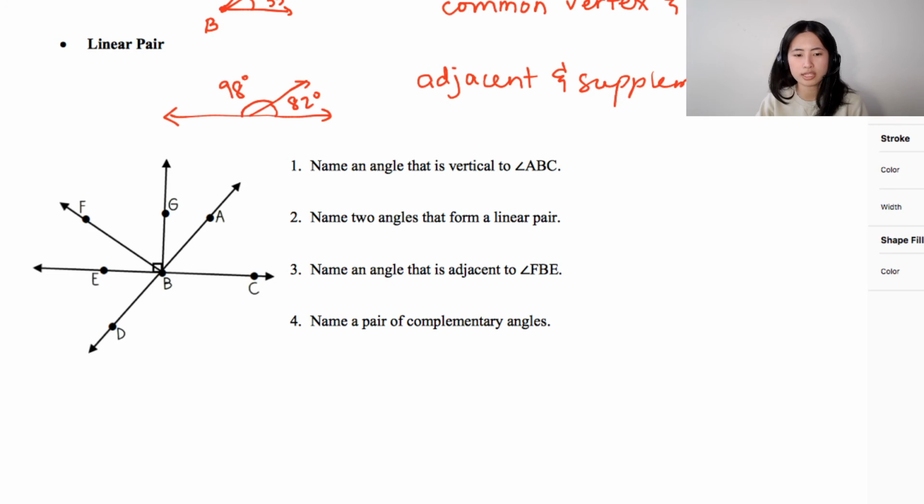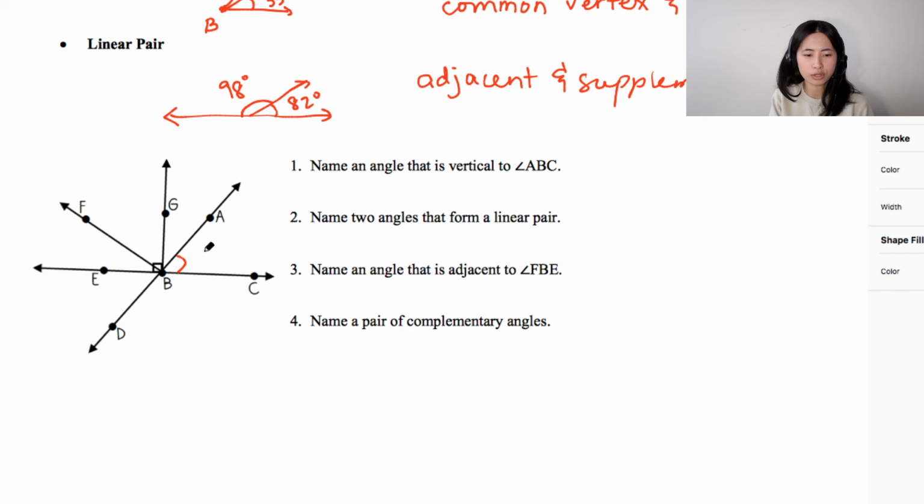Okay, so as you can see, we have a couple of angles here, and they're all sharing this common vertex B. So we need to give an example. It says here, name an angle that is vertical to angle ABC. For something to be vertical, remember what I said, it needs to be opposite and it needs to be congruent, or the X pattern. So you're going to look for that X pattern over here.